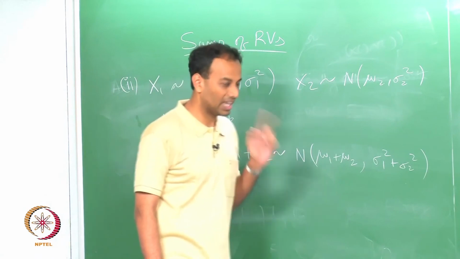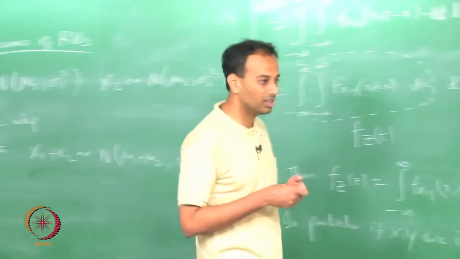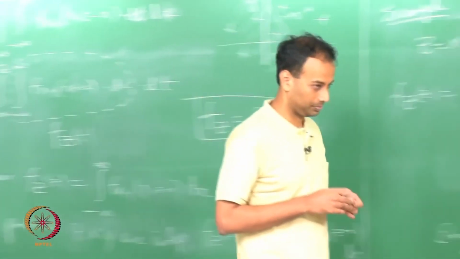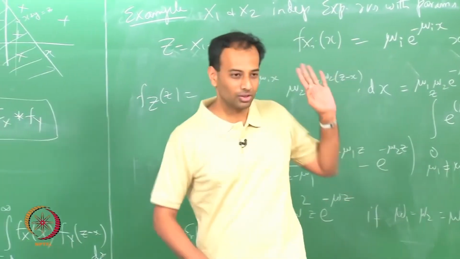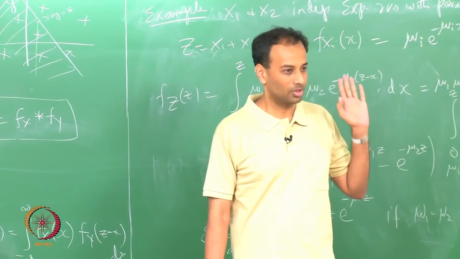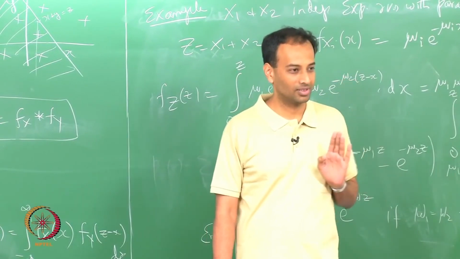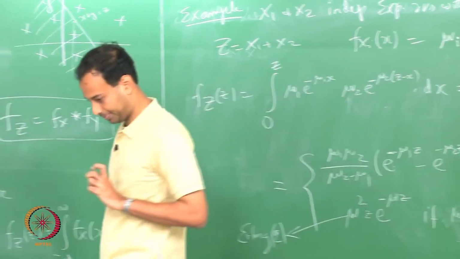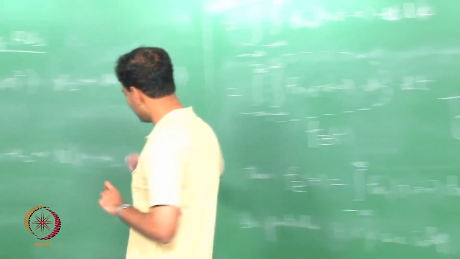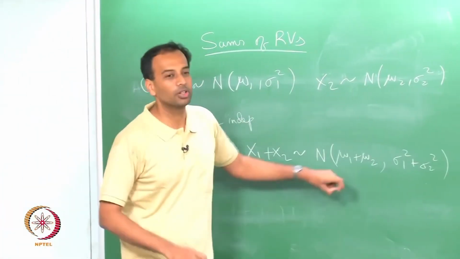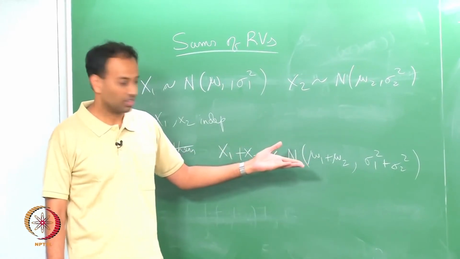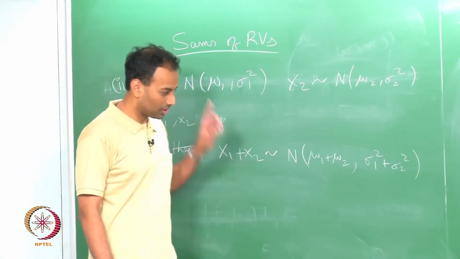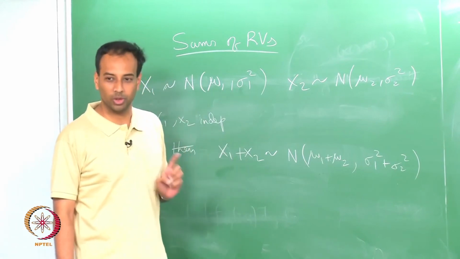So, it is a stable distribution under addition. In the discrete world you saw Poisson was stable also, right. In the continuous world this is one example of a sum stable distribution. That is one of the reasons why the Gaussian is so important.